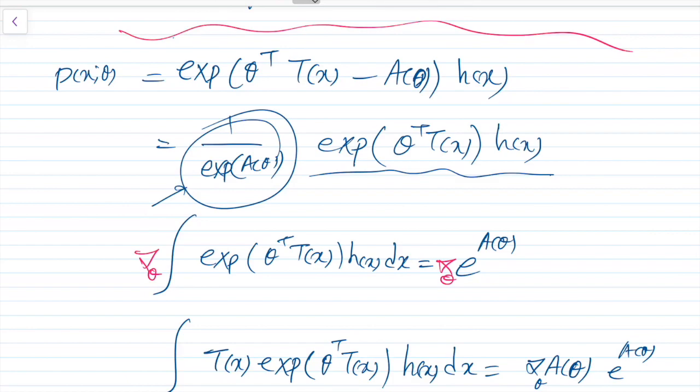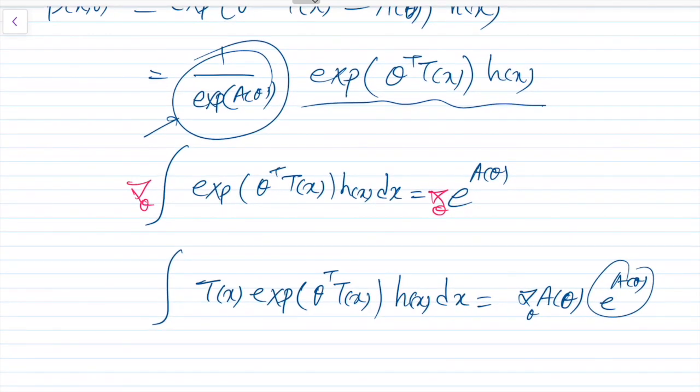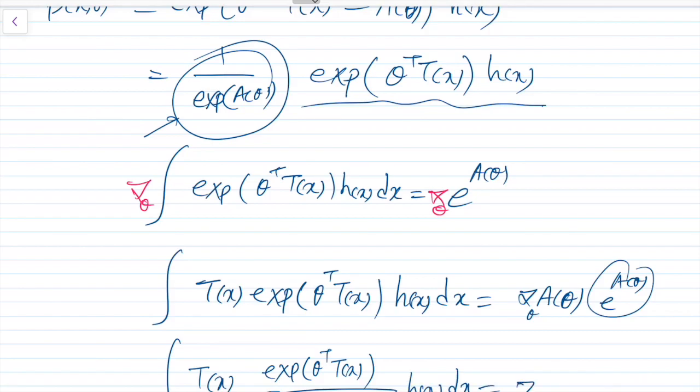Okay, so let me divide this by e to the A(theta). Dividing by that, I'm going to get exp(theta T(x)) over e to the power of A(theta), h(x) dx. This is the gradient.